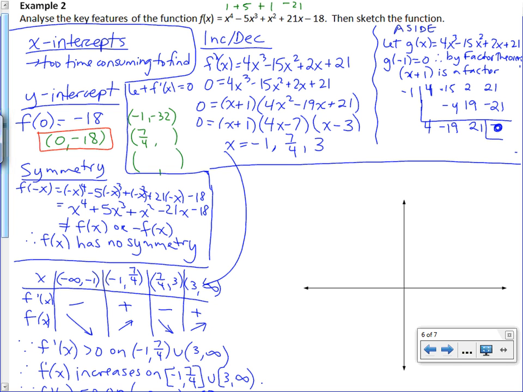Okay. I cleared it. I got a really ugly fraction here. So that's where having the convert button on your calculator is handy. I have 4.395.